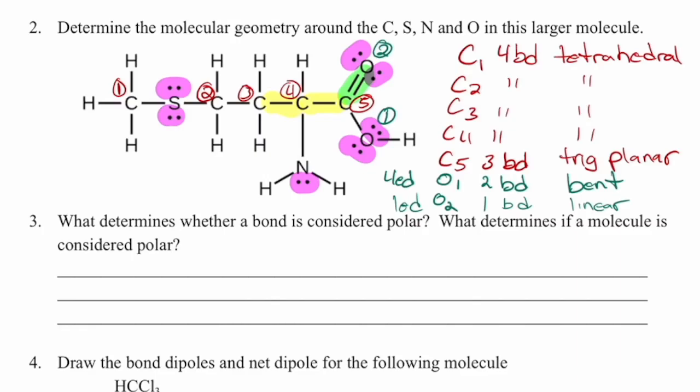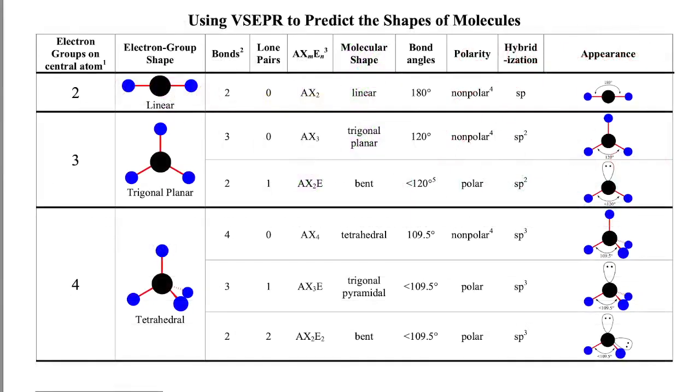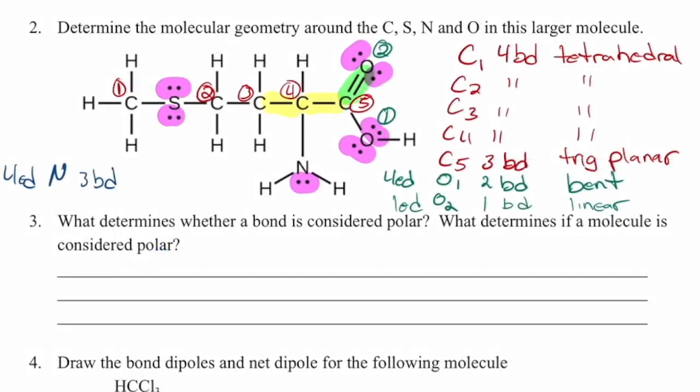If we want to talk nitrogen, nitrogen has 4 electron domains, but only 3 bonding domains. We haven't seen this one in this molecule yet, but if we look for 4 electron domains with 3 bonding domains, we see trigonal pyramidal.